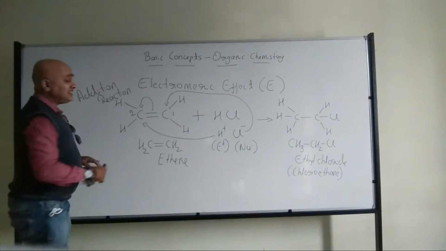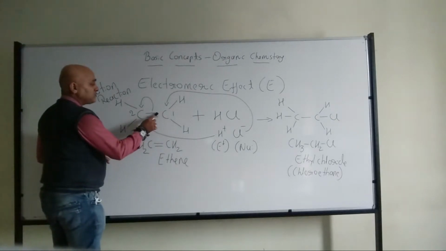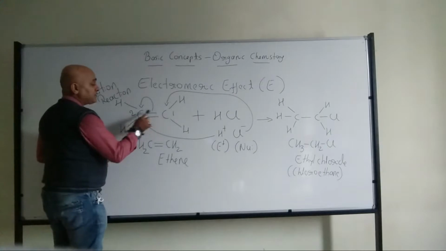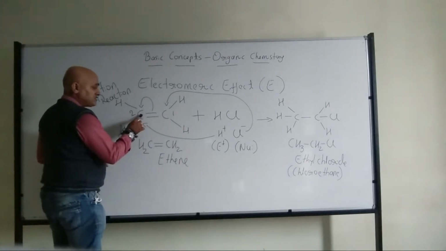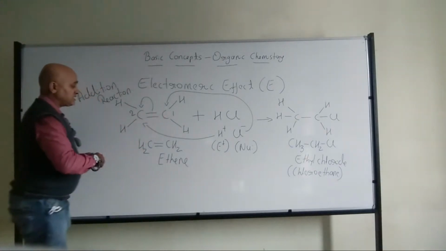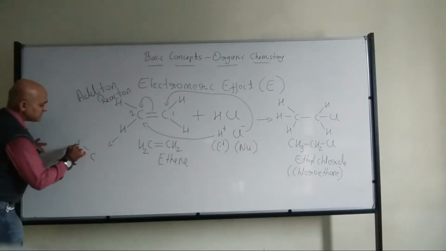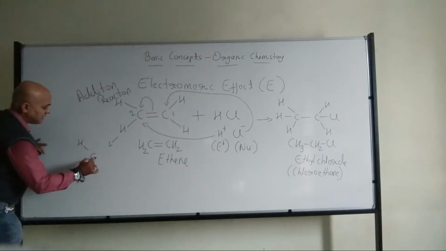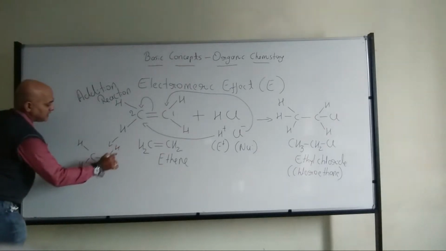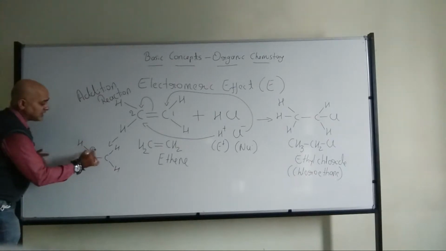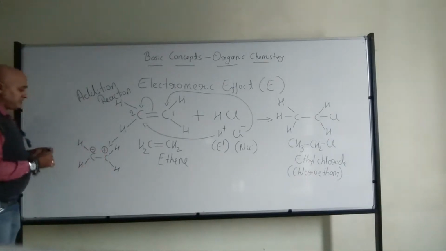During that process, since this has lost one electron and this has gained one extra electron, one will gain the negative charge and the other will gain the positive charge. So that's where we have CH, CH, negative, positive.